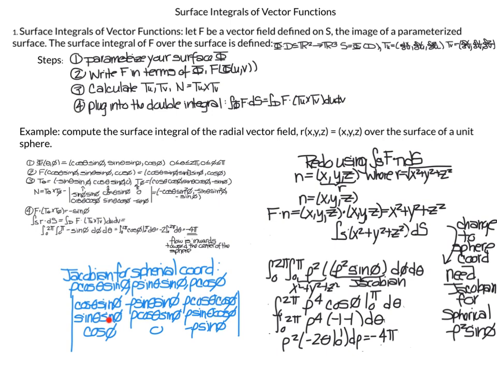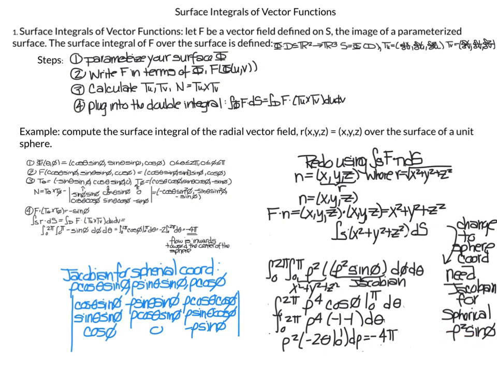The second row is the same thing except for the second coordinate, the y coordinate: derivative with respect to rho, theta, and phi. And then the last, the z coordinate, derivative with respect to rho, theta, and phi, and this is a determinant. You calculate the determinant, and the Jacobian that you plug in is always positive.